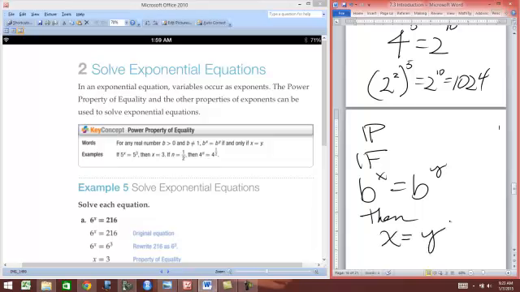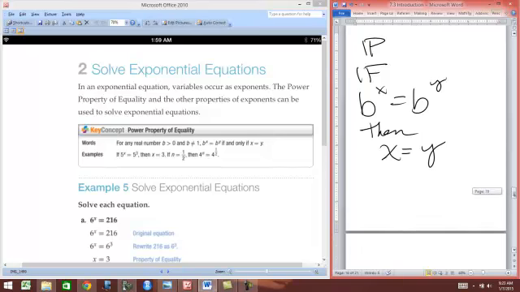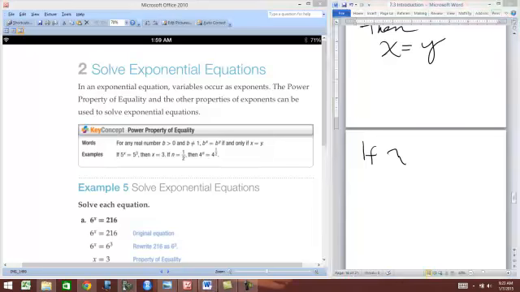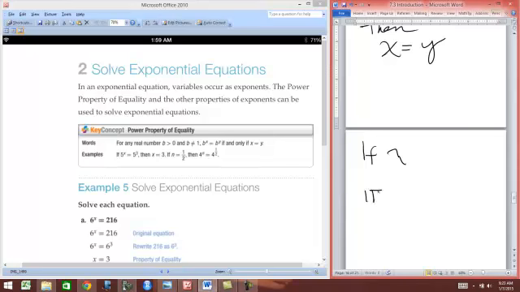Has to. Now, by the same token, if a to the x equals b to the x, then a must equal b. Okay?